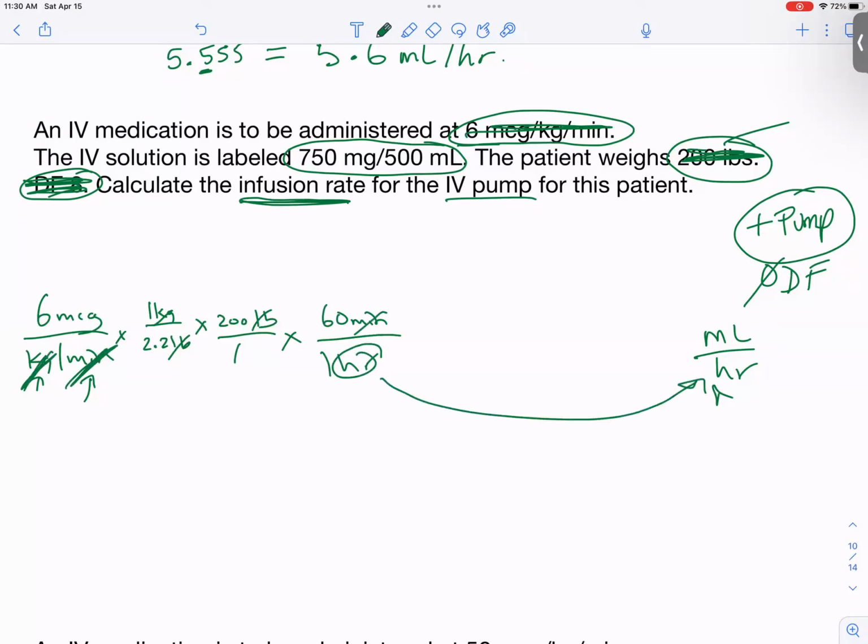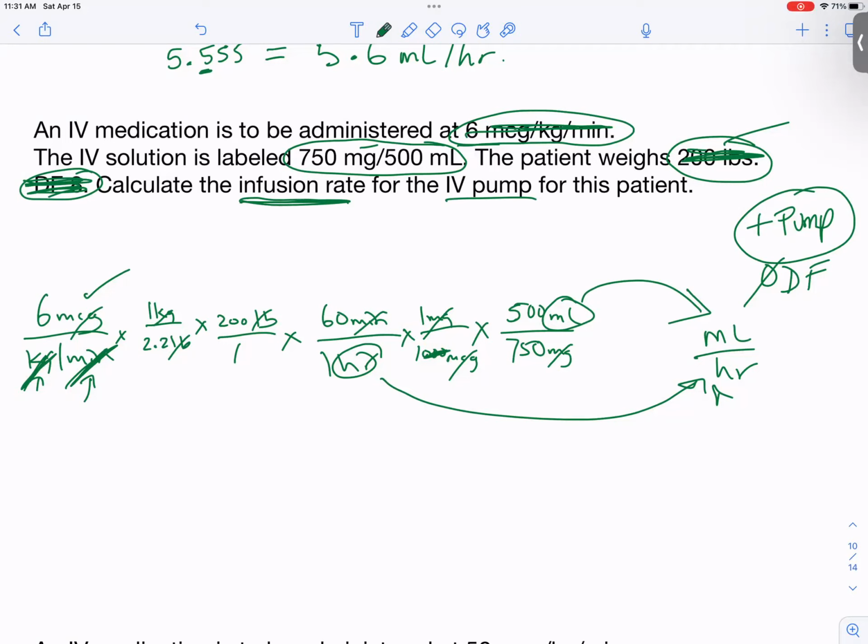Yay. So now I have to get rid of micrograms, but unfortunately it's in milligrams. So 1 milligram is 1,000 micrograms. And it's available in 750 milligrams for every 500 milliliter bag. So that is my setup. It looks good. I can cross off some zeros.